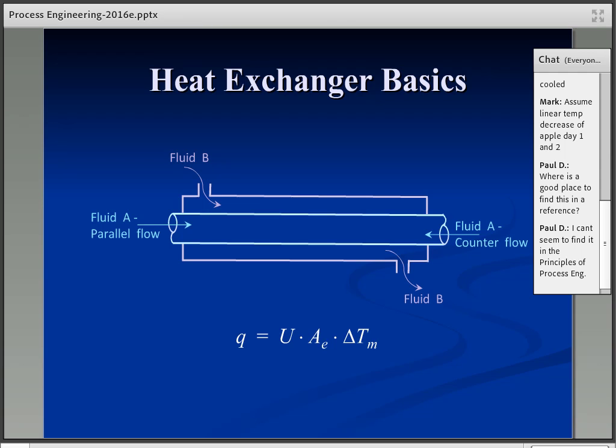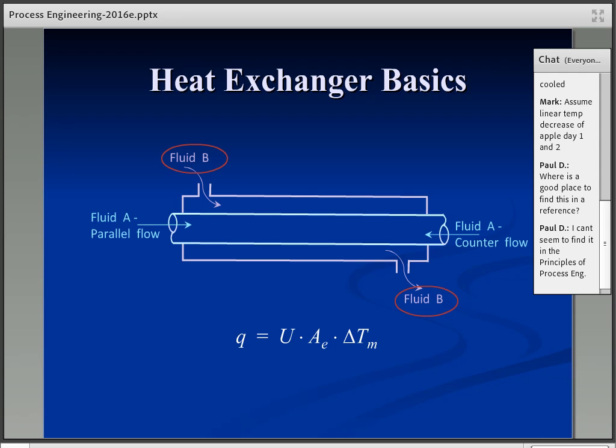Heat exchanger. Next example. Move on to heat exchangers. This is a diagram of a basic tube and shell heat exchanger. There's two fluids involved. You can see there's one fluid coming in here at the shell and exiting out the other side. There's another fluid.